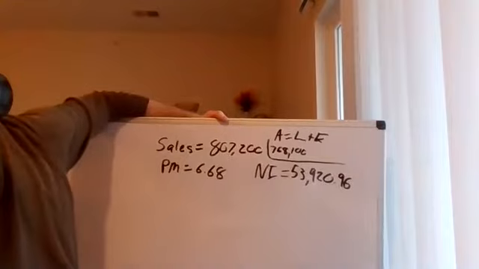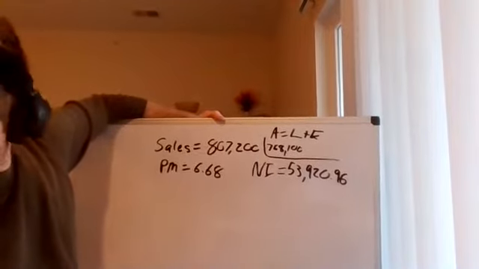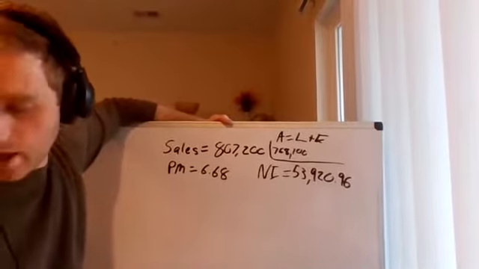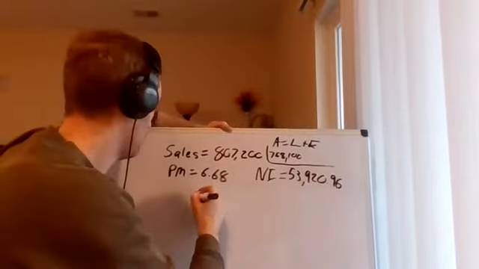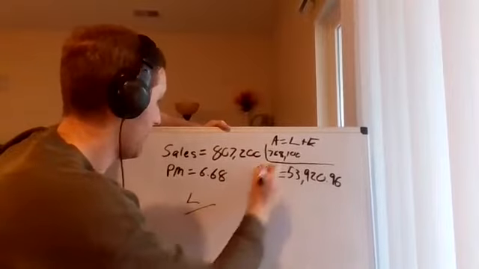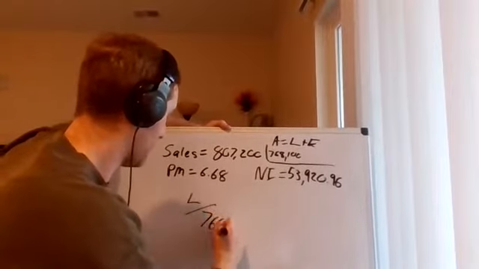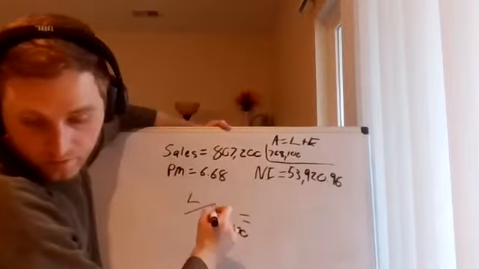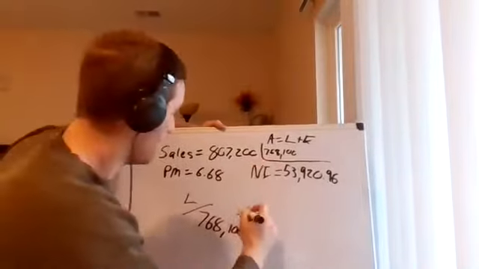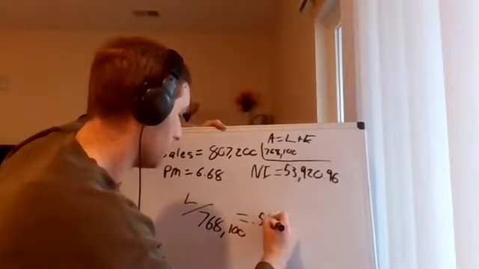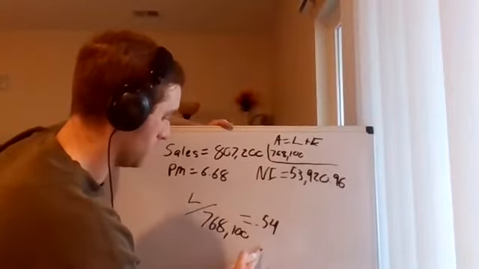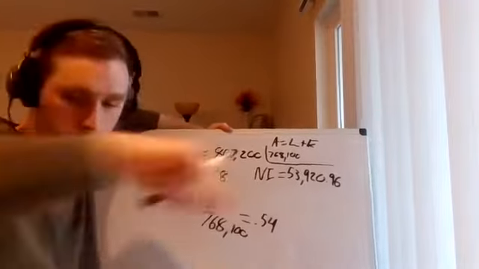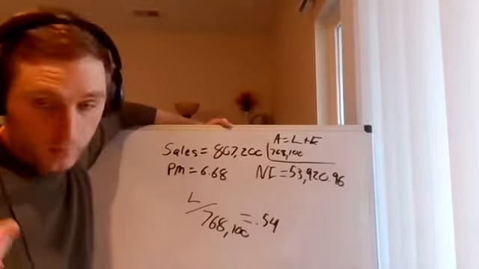Again, our total debt equation is total debt or liabilities divided by total assets. So I know L divided by 768,100 equals 54% or 0.54. Okay. So we want to solve for L here because this is the variable we want to know. It's going to help us get to our end variable.